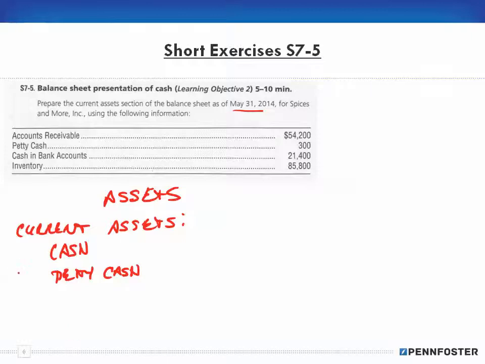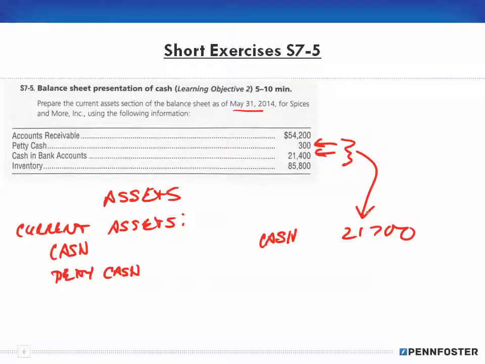And I disagree with the solution. I mean, the solution just calls it cash, and they're including the 300 for the petty cash and the cash in the bank account together, and they're saying, okay, it's 21,700, right? Because they're combining those two together, right?